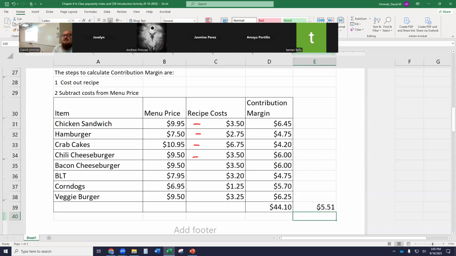But in this particular example, it's not going to make too much of a difference unless something is 5.51 or 5.52. Mostly it's going to be definitively higher or lower than the average. Good catch. Yep, so that 5.51 is the average contribution margin.